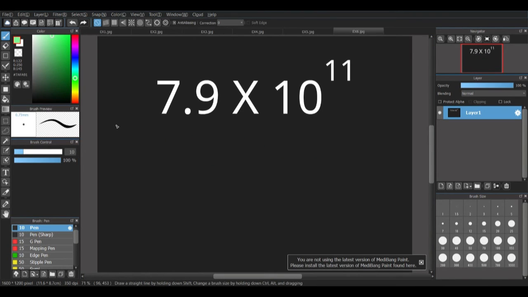For our next example, we're going to look at 7.9 times 10 to the 11th. We're going to start the same way as the last example, writing 7.9. And then, since we have a positive 11, we're going to move the decimal 11 places to the right. So 1, 2, 3, 4, 5, 6, 7, 8, 9, 10, 11. And then fill each of those spaces with a 0.